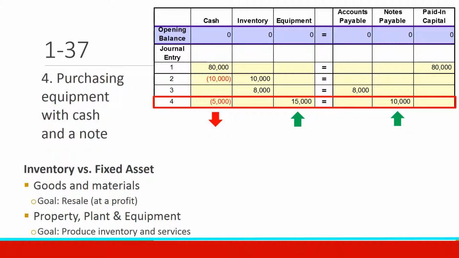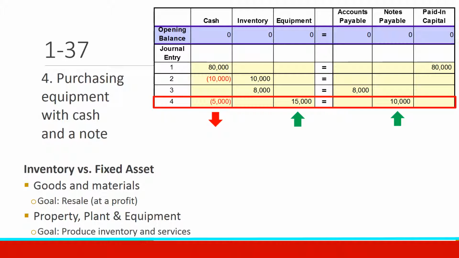A third important thing to note in activity number 4 is the fact that equipment is being purchased. I want to spend a minute talking about the difference between equipment and inventory, which was previously purchased. When we purchase inventory, we're purchasing goods and materials. The goal of what we have purchased is to resell those goods and materials, presumably at a profit.